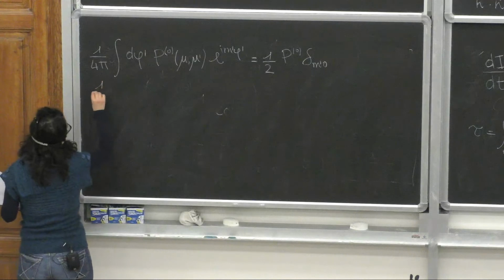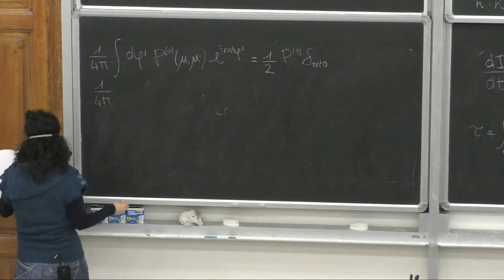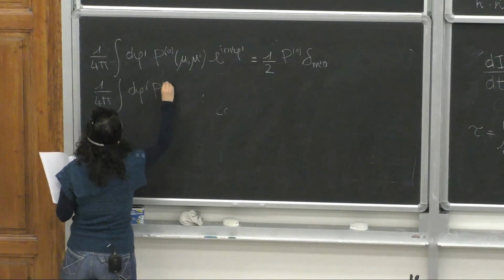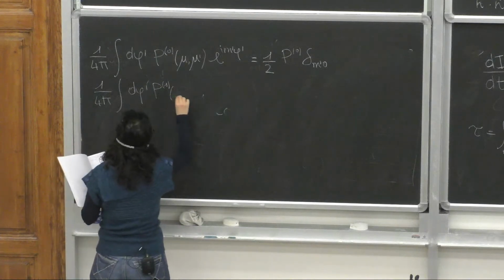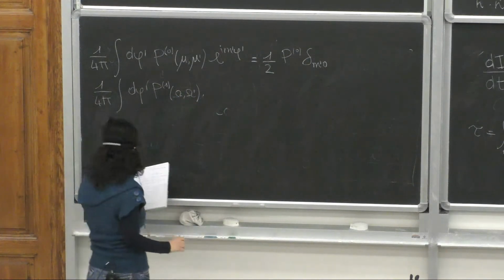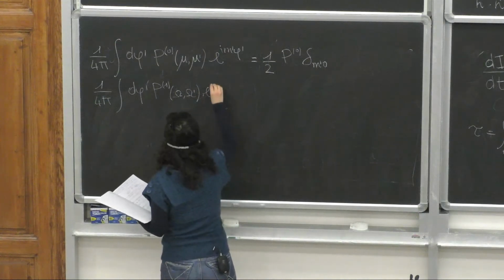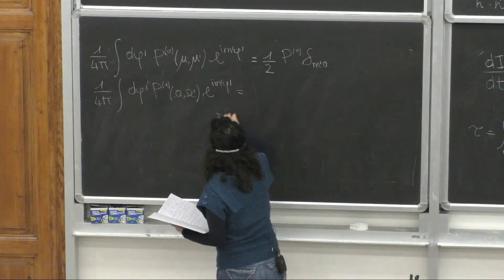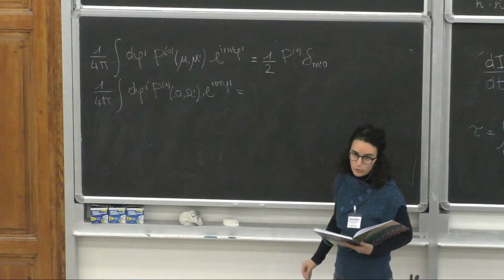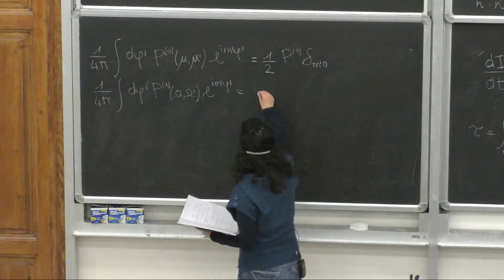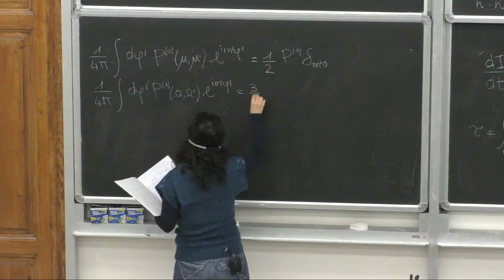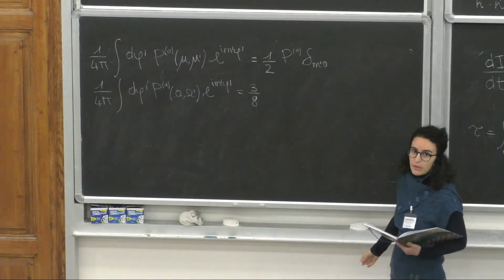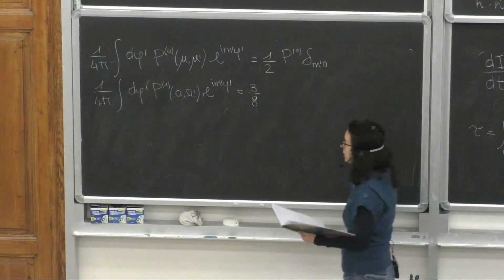Now let's do the same for the other terms. I will do this for pi 1 as well, but let me just write the dependency as omega and omega prime. Then we have e to the i m prime phi prime. I will write this for pi 1, even though at the end we will never use pi 1 in our calculations, but just for the sake of completeness. Remember that pi 1 is just the sum of two terms, one with m equal to +1 and another with m equal to -1.